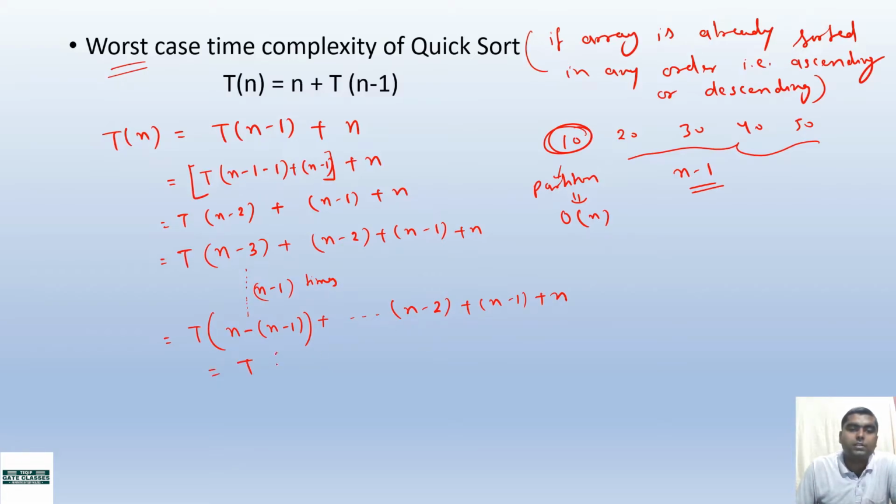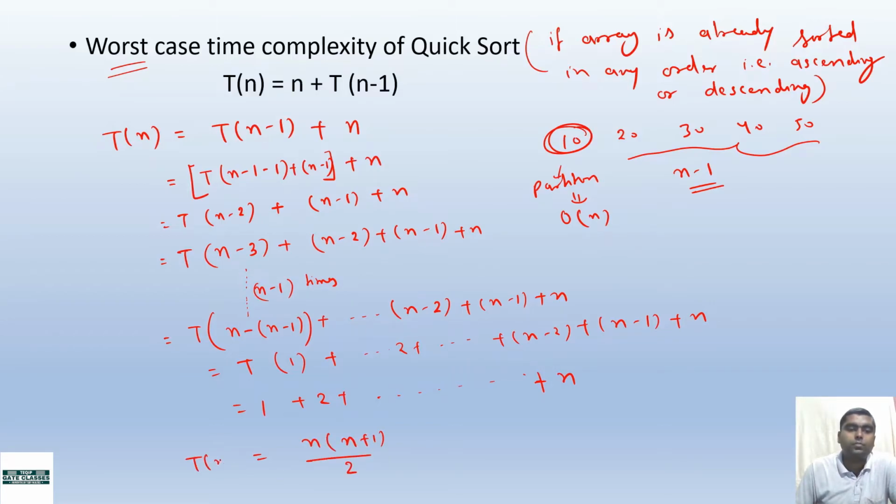So this is t of 1 plus 2 and so on, n minus 2 plus n minus 1 plus n. Finally, the value of t of 1 is 1, so 1 plus 2 plus so on up till n. This way you will get the sum of 1 to n natural numbers, which is n into n plus 1 by 2. So this is the value of your t of n.